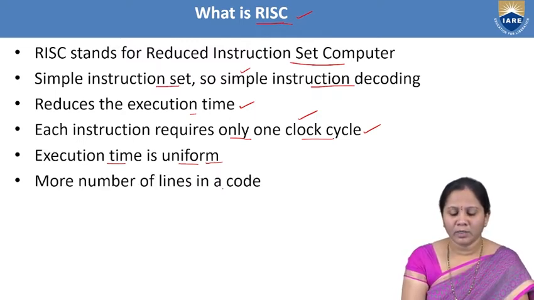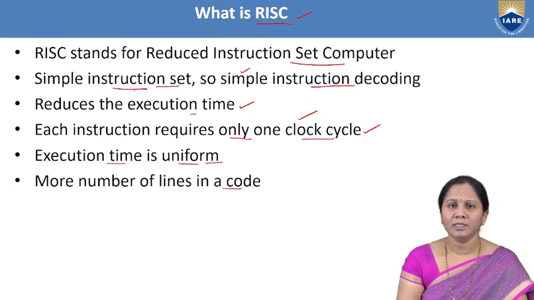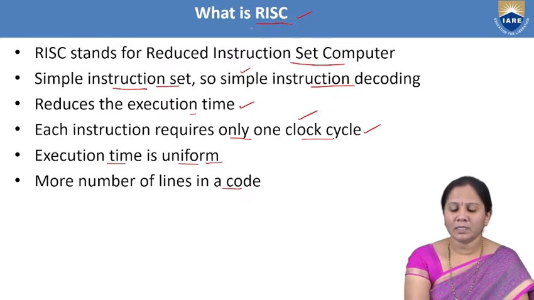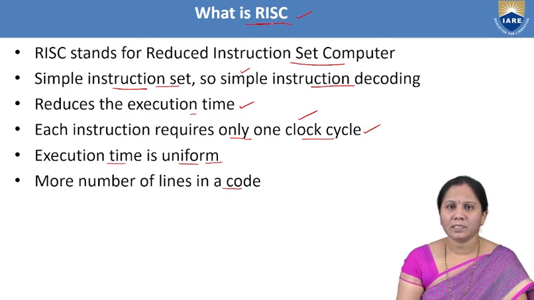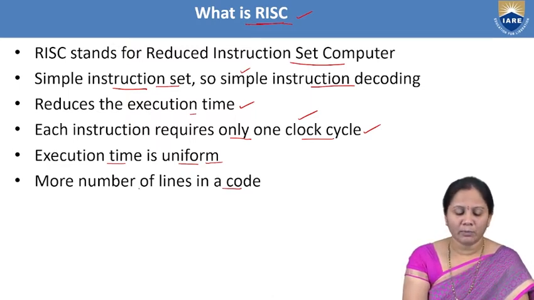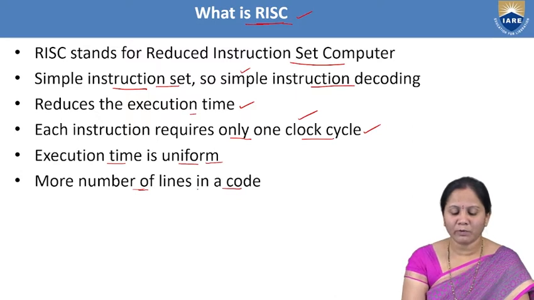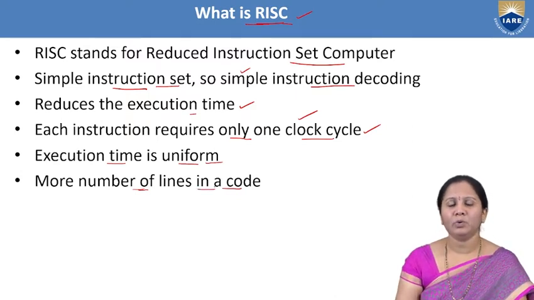We have studied that it has a simple instruction set. So, for example, if you want to write a simple 8-bit addition program using instructions under RISC, we have to write it using more number of lines. So more lines will be there in the program to execute one operation. Why does it consist of more lines?